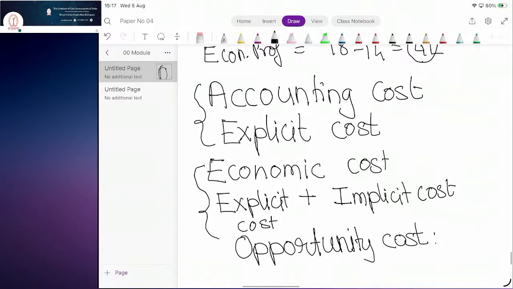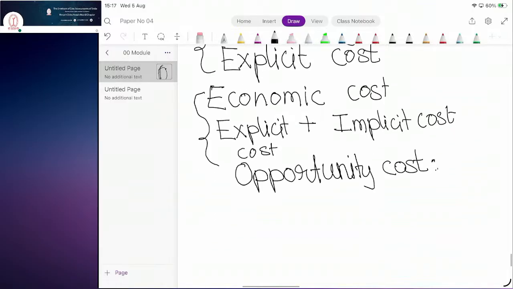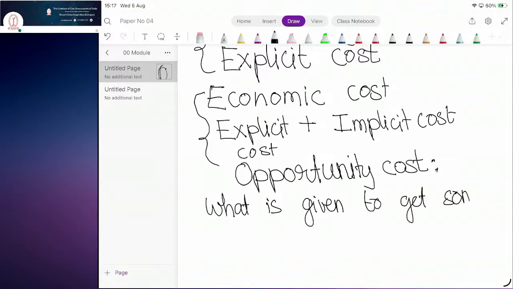It is what you have to give up to get something. Okay, so what you have to give up to get something is always your economic cost, that is explicit cost plus implicit cost.